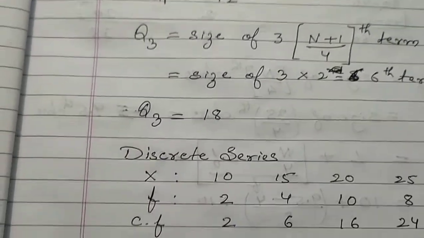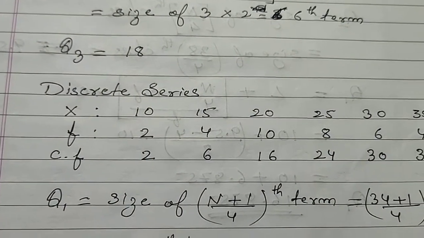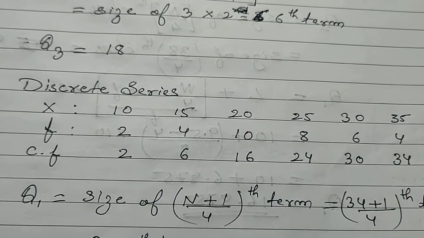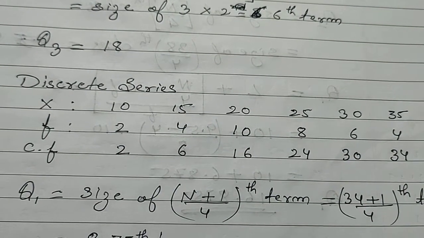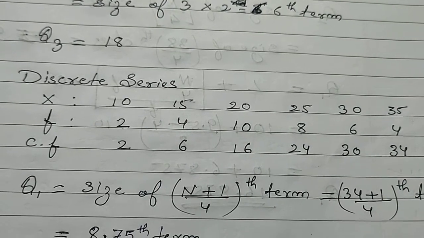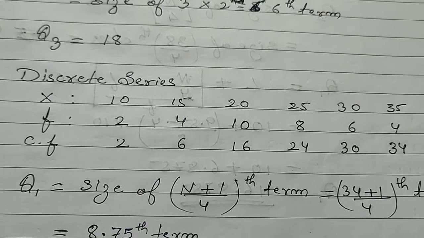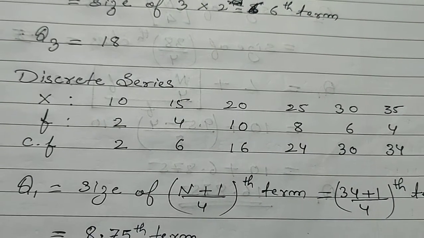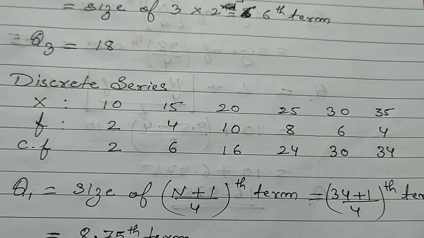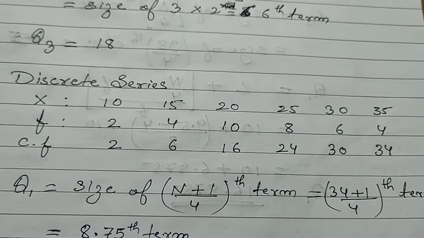Now let us take the example of a discrete series and learn how to find out the quartiles. One example of a discrete series is given here. The variables are given to us as well as the frequencies. The first requirement in a discrete series is to find the cumulative frequency. We have found CF: 2, 6, 16, 24, 30 and 34. So the total number of observations is 34.